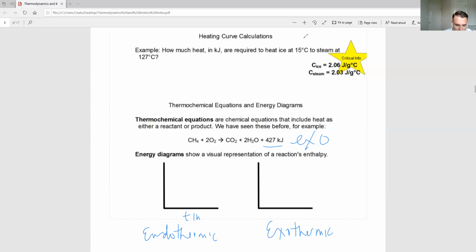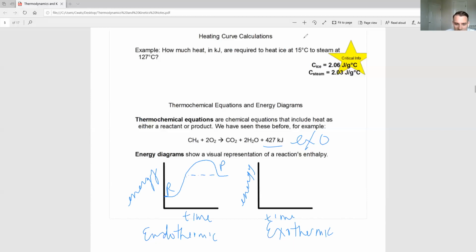Time goes on the x-axis, so we see the reaction progress over time, and energy on the y. So for endothermic reactions, it looks a little bit like that. That's my reactant, that's my product. We're going to talk about more of this later.